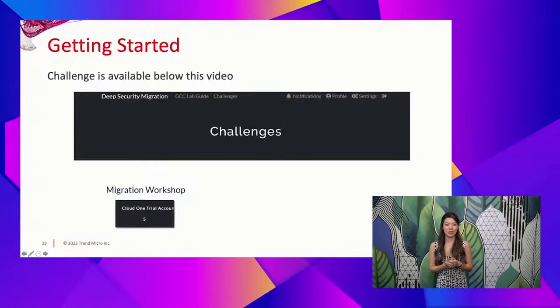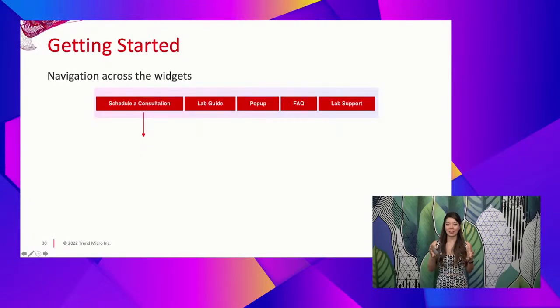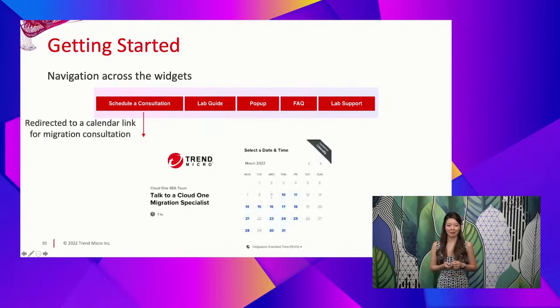Cool, now let's get started with the hands-on lab. You all have access to this website. This is where all the challenges are. And you'll be able to see this video on that page as well. Let's go through some of the widgets on this page. First of all, there is an option for you to schedule a consultation with our cloud solutions architects.